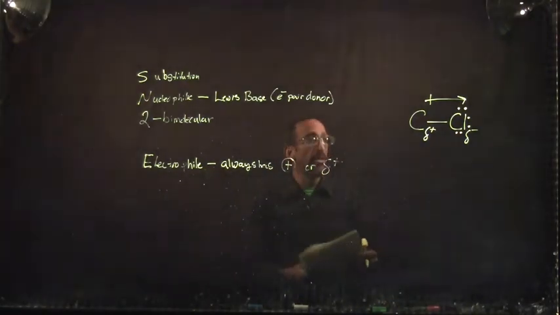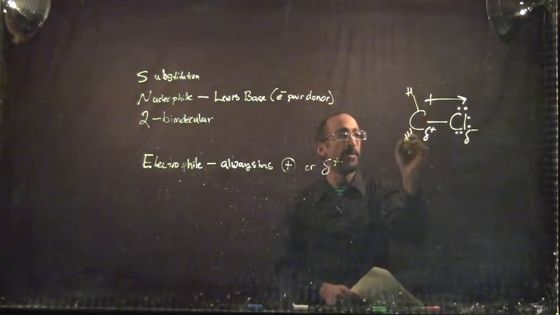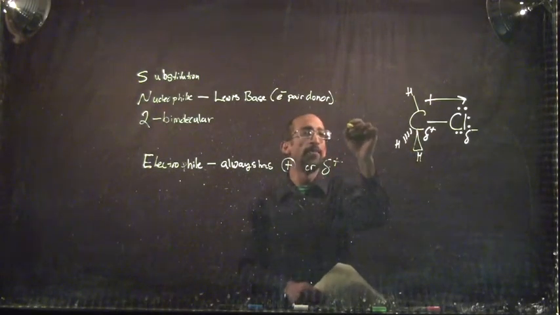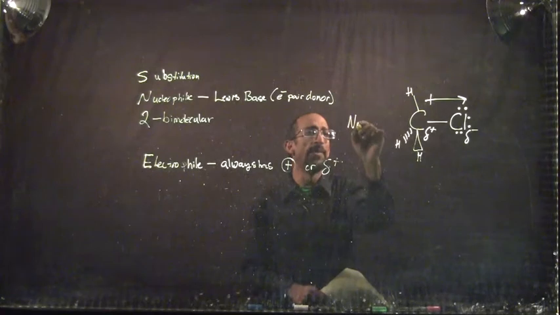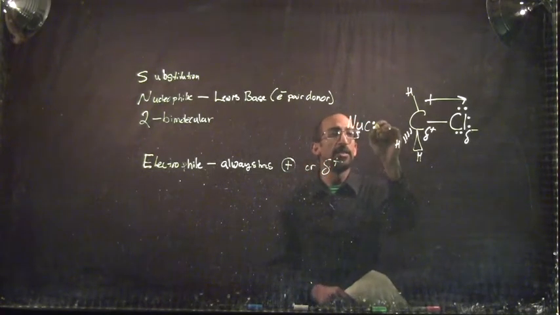And so if we draw in some substituents onto this carbon atom, we can think of the SN2 reaction overall. We have some sort of a nucleophile. It's got a lone pair, it's a Lewis base.